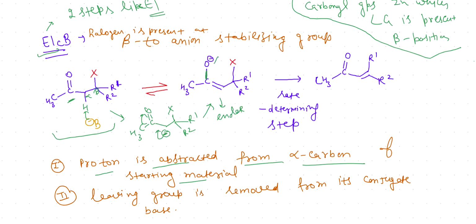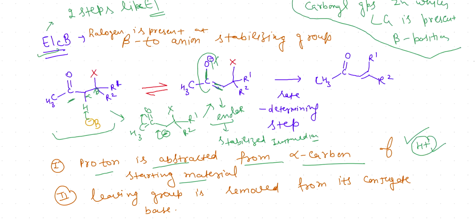En is used for the double bond. So the enolate is a stabilized intermediate. So the first step is abstraction of H positive by the base. Clear? The second step is removal of the leaving group.